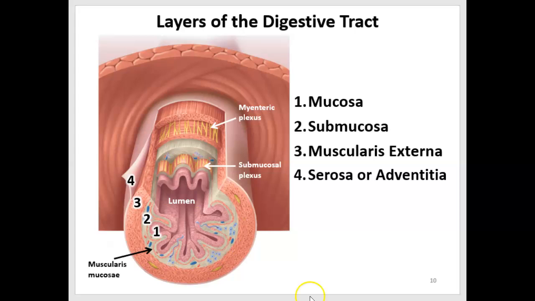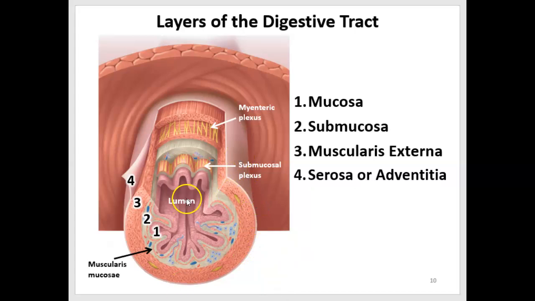The third layer is the muscularis externa. And the most superficial layer is equivalent to the visceral peritoneum, but when you're talking about the organ itself, we call it either a serosa or an adventitia. Which one it is depends on which organ you're in, because the tissue varies slightly.